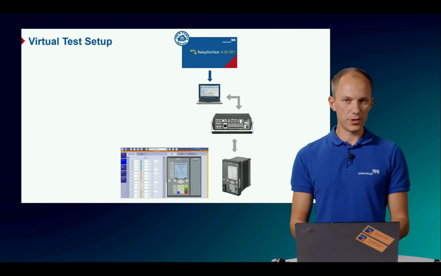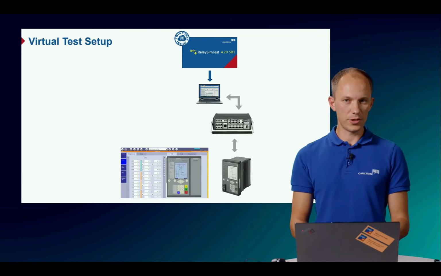So Relay SIMTest has this so-called iterative closed loop functionality implemented. So that means that we react with our power simulation on the reaction of the relay. So whenever there is a trip or a close issued by the relay, we will interact, stop our simulation, do a recalculation, open also in our simulation the circuit breaker or close a circuit breaker.